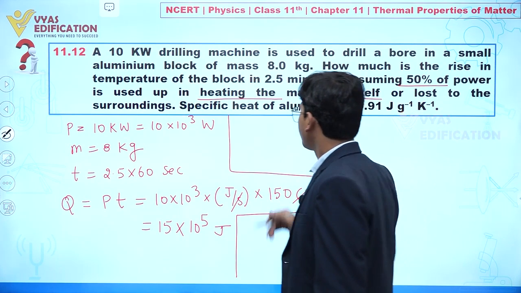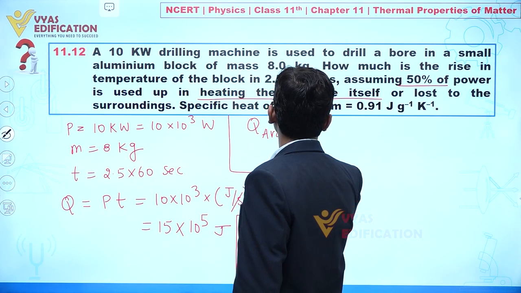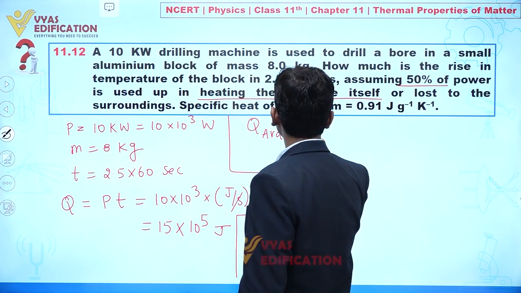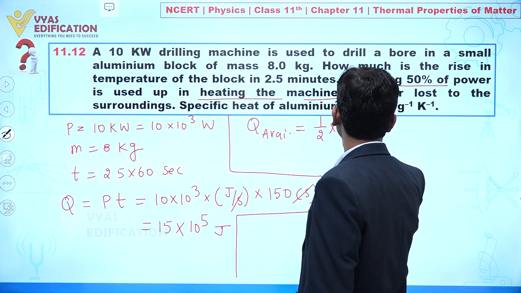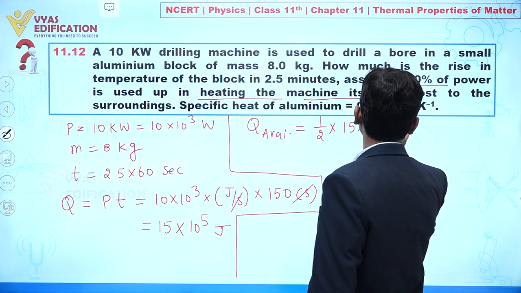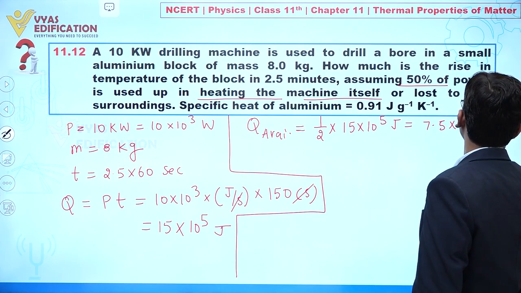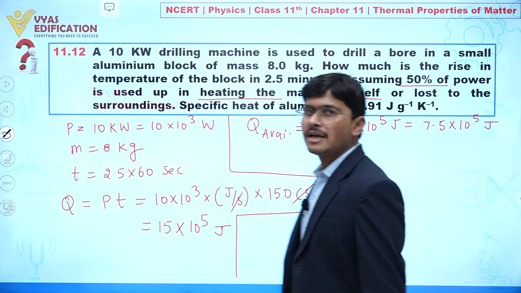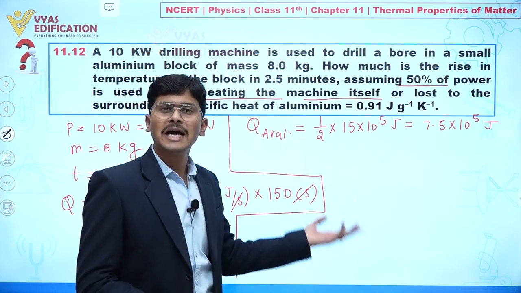It means now we can see the total energy that is available is 50% of the total energy provided by this machine. So this is equal to 7.5 into 10 to the power 5 joule. Now this 50% of energy is provided to the aluminum block.